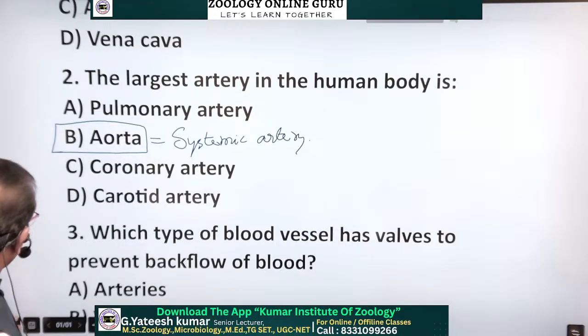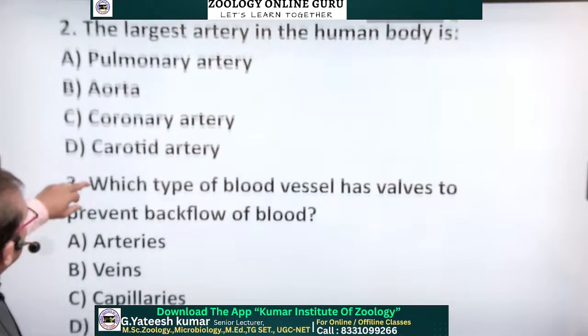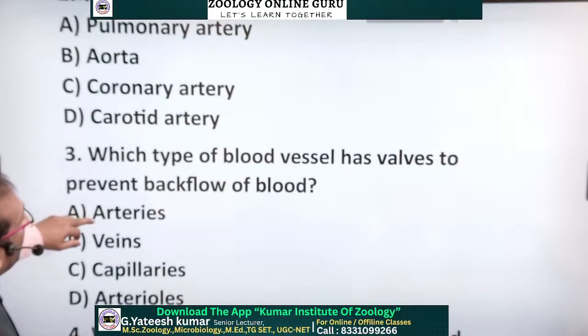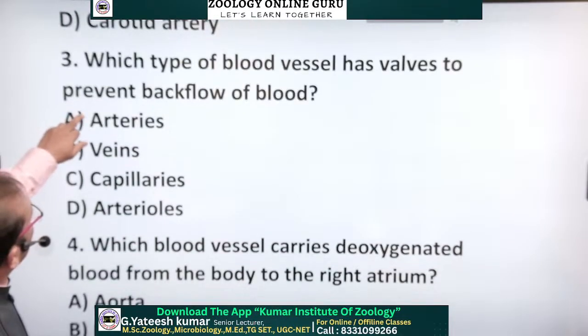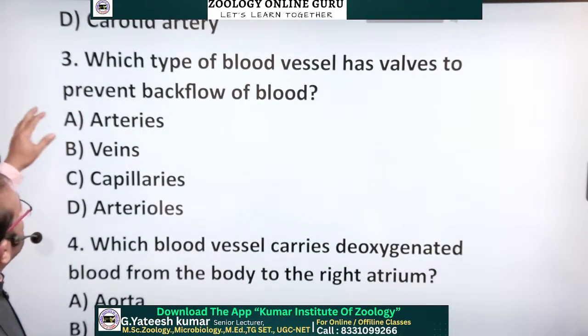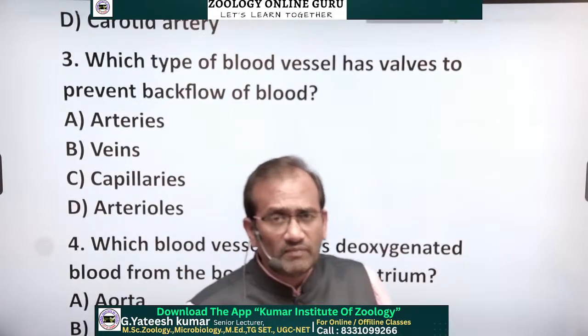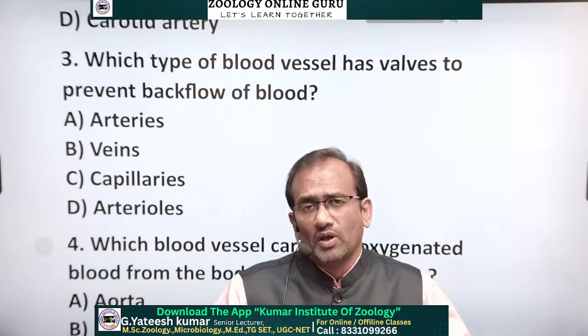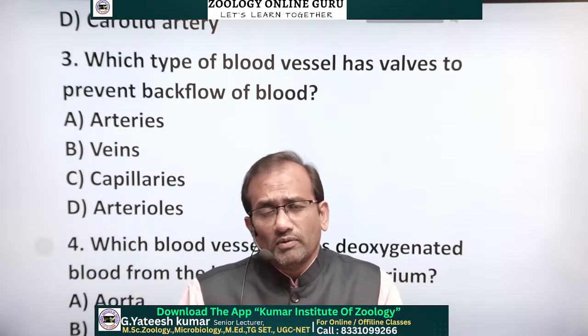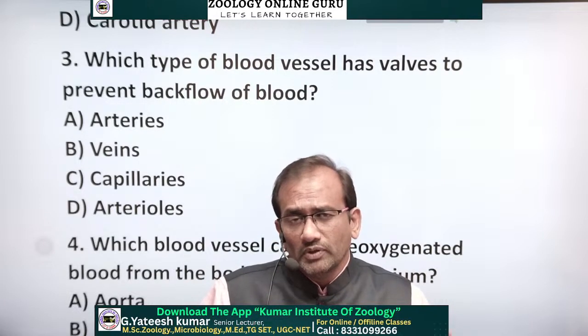Question number 3. Which type of blood vessel has valves to prevent the backflow of blood? In our body, arteries and veins are present, and veins are coming from down to up.